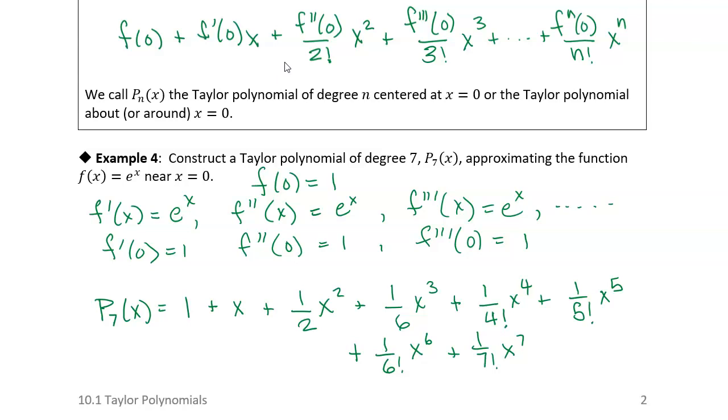Now we could also put in a value like we were doing before. We put in 0.1, 1/10, and looked at how good of an approximation that is.